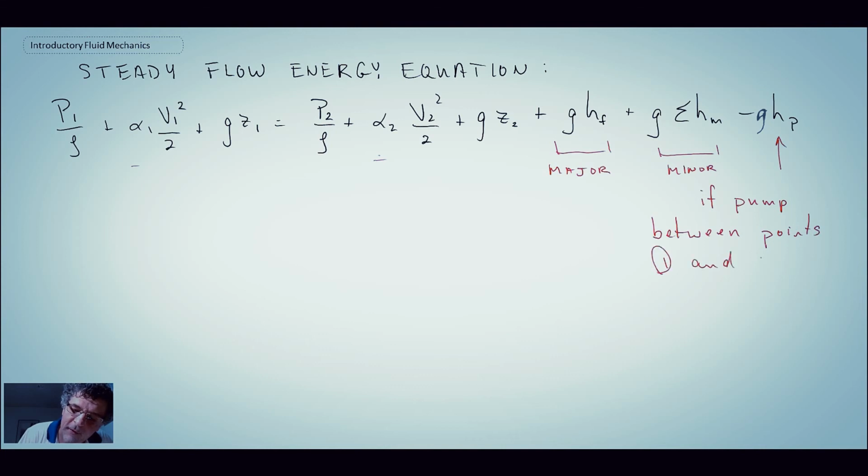And if you're confused as to why it's a minus, just look at the fact that that is plus and that is plus, and those are all removing energy from the system. So if we're introducing energy, it has to be the opposite sign, and that's why it's minus on the right hand side.